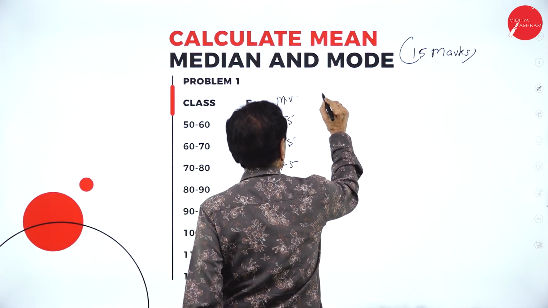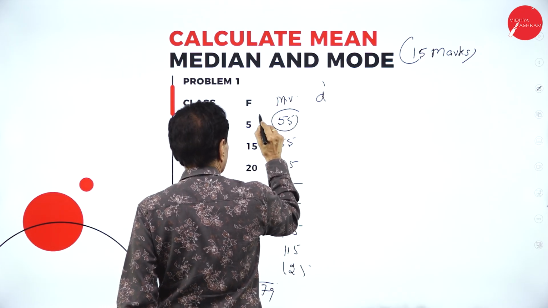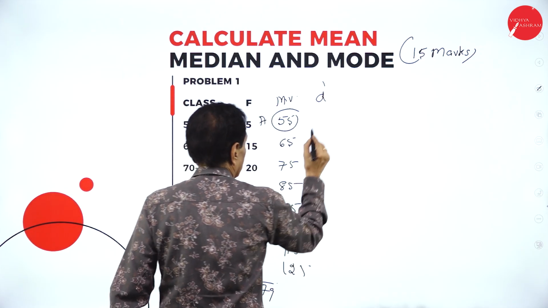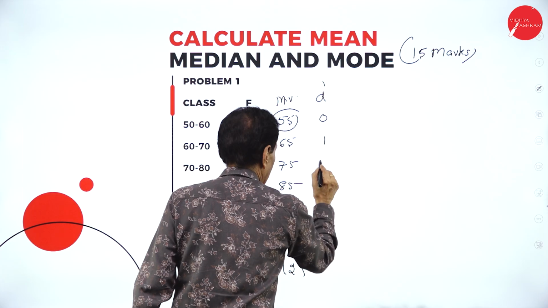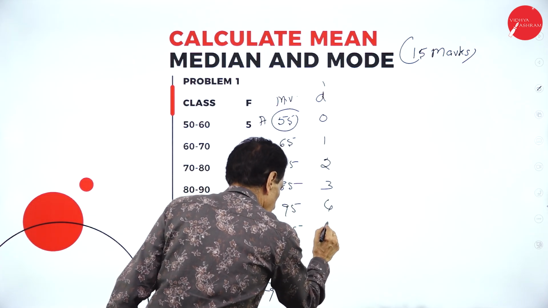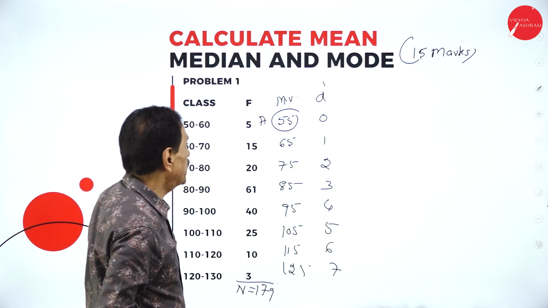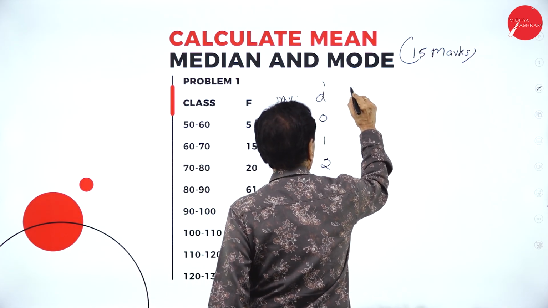Make the d dash. Assume 55 as 0. This is assumption. 0, 1, 2, 3, 4, 5, 6, 7. Then multiplied by f, f d dash.